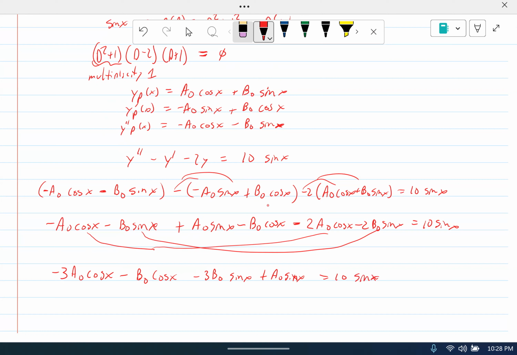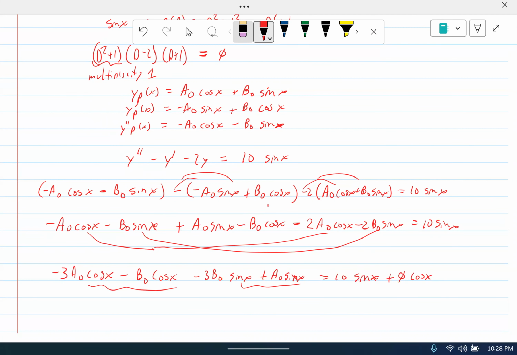And what I'm going to do is add a cosine x onto this: plus 0 cosine x. So we've got cosines and sines. I'm going to factor out a cosine here and there, and factor out a sine.